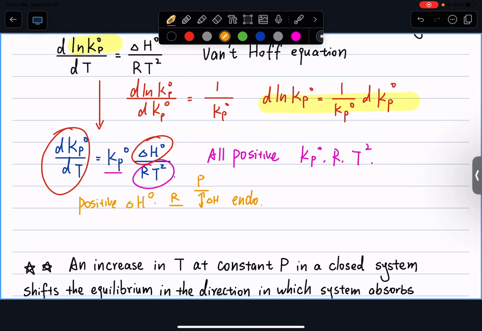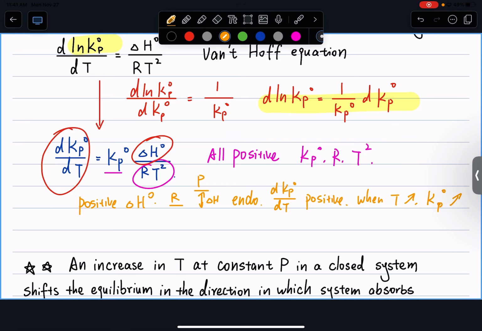So that tells us our dKp naught over dT is positive. When this differential is positive, what we're looking at is that when temperature increases, your equilibrium constant will also increase because the differential is a positive number.